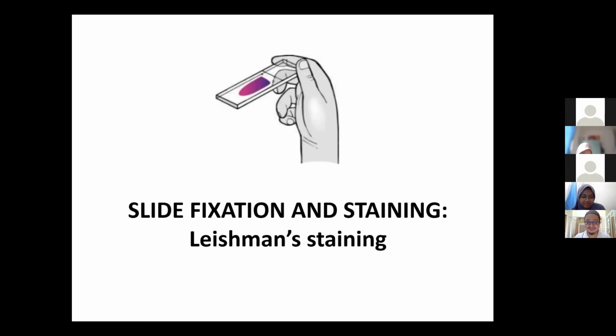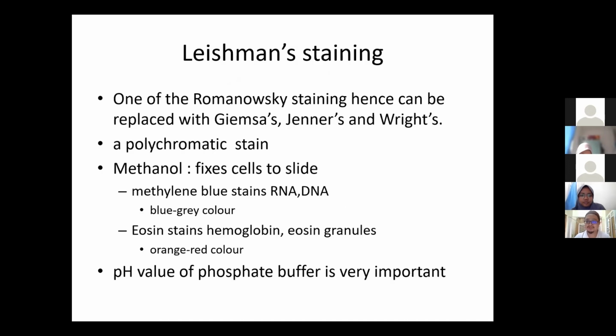Okay. Now, in hematology, we need to fix and stain. So what kind of stains are available to us? Okay. Have you heard of Romanowski staining? I'm sure you have used it. There are plenty of Romanowski stains. One of the most common stains that we use in my hematology lab is what we call the Leishman's staining.